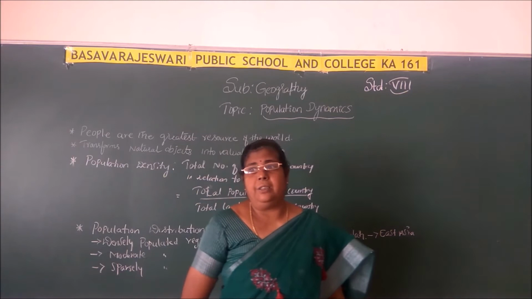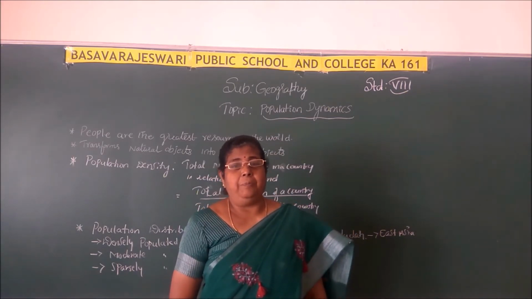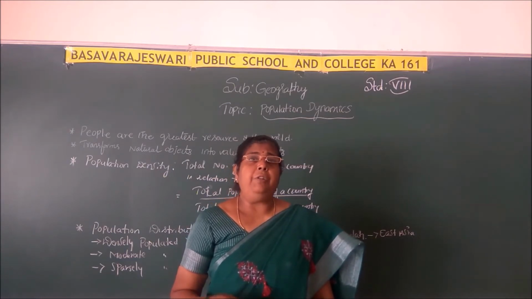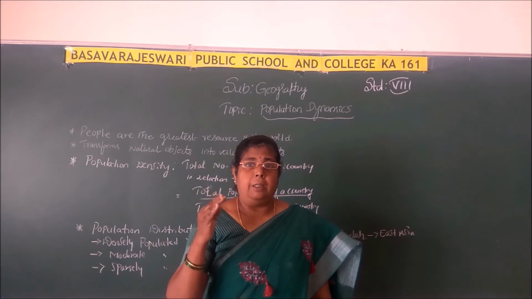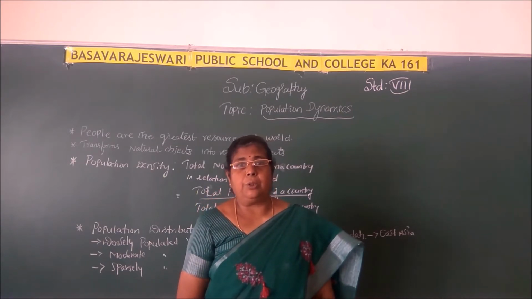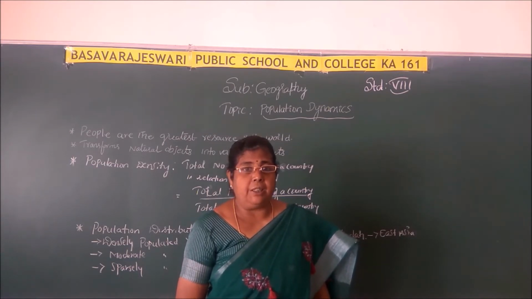Very difficult, correct? In all places the population cannot be distributed equally. That's also a problem. Only by using the human resource can we exploit the natural resources as much as we require. Hope it is clear, children.